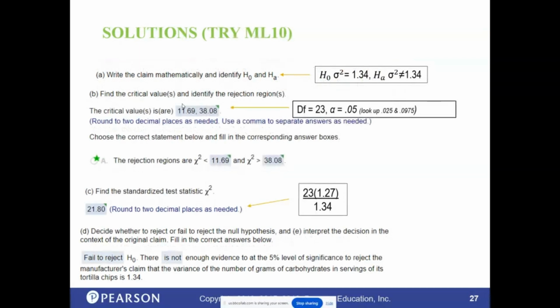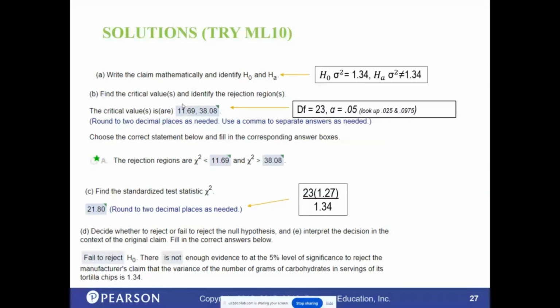Okay, here's what you should end up with. There's your H sub O and H sub A. Your critical values, if you weren't sure where those came from, I put a note here what you needed to look up, the DF of 20 and 30. Alpha is 0.05, so look up 0.025 and 0.975. That's not right, that should be 0.975, shouldn't it?